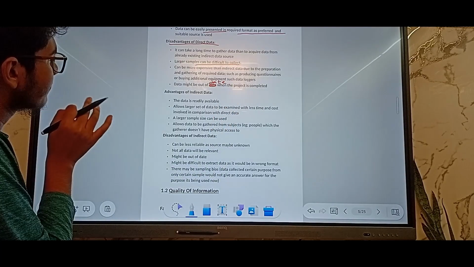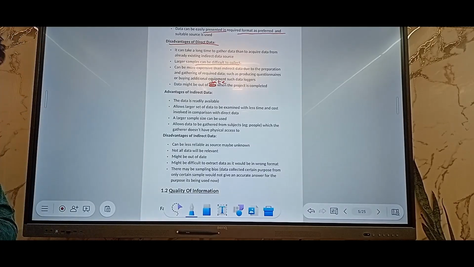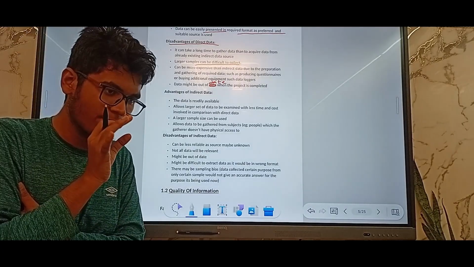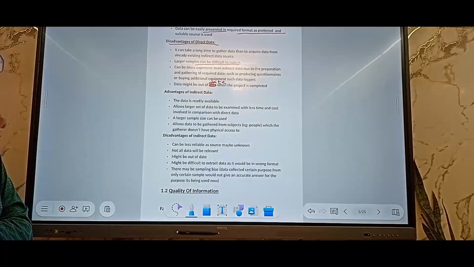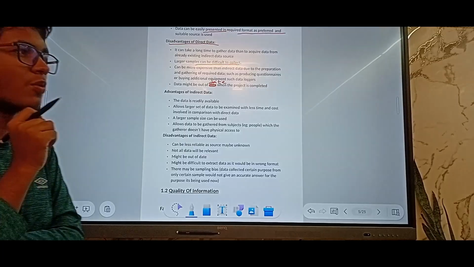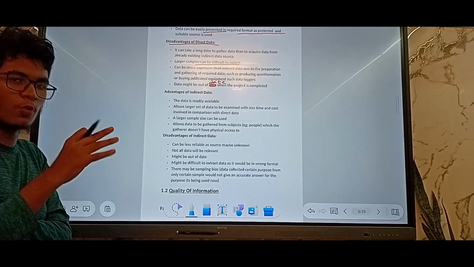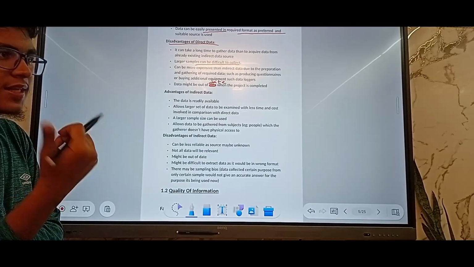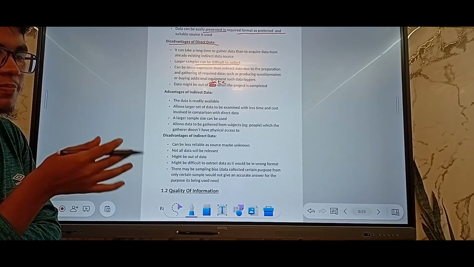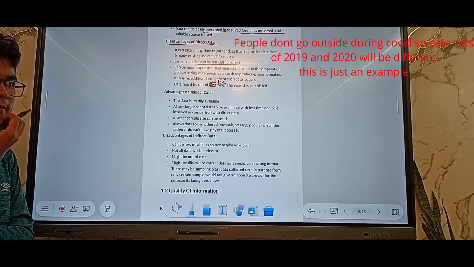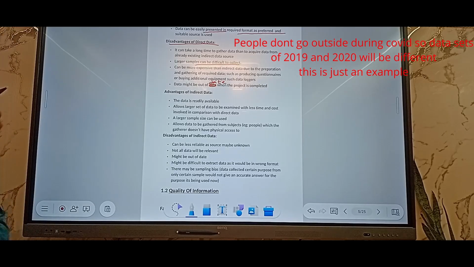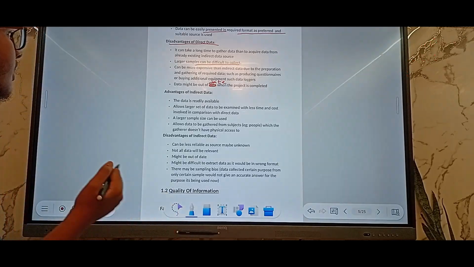So what this means is that it takes a long time to gather data. Let's say you start collecting data in 2019 and complete it in 2020, right? But then COVID hits. Now your data is completely out of date. So this is a real issue when you are directly collecting data.